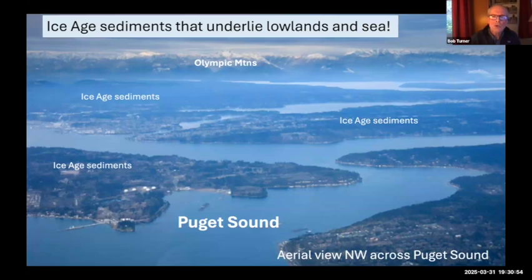And so we're looking here, this is a view across Puget Sound. This is the Bremerton area here, and we're looking across the Puget Sound lowlands, very flat, low relief landscape, right up to the Olympic Mountains that form the western wall of the Puget lowlands. And this would be the Hood Canal, that water body in the far distance.